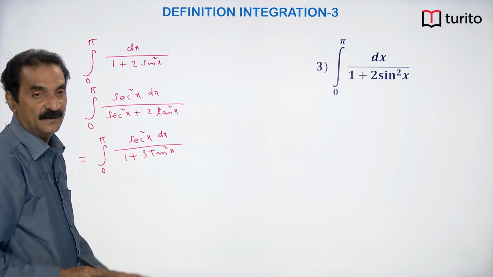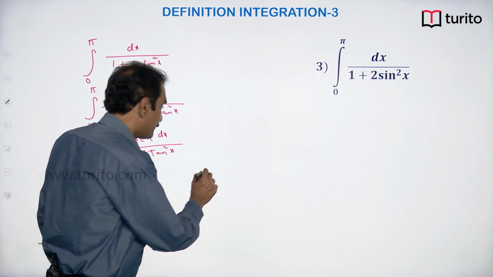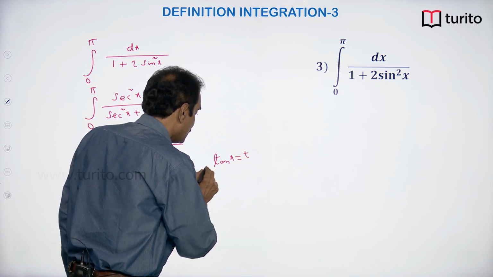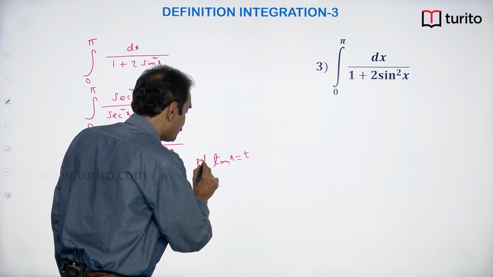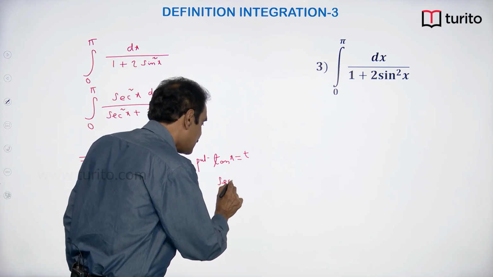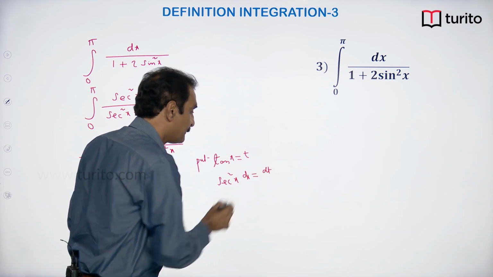Okay. Now we have to put tan x is equal to t. Its derivative is secant square x dx is equal to dt.